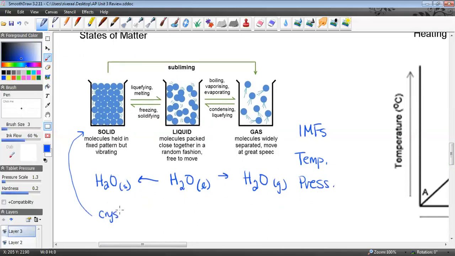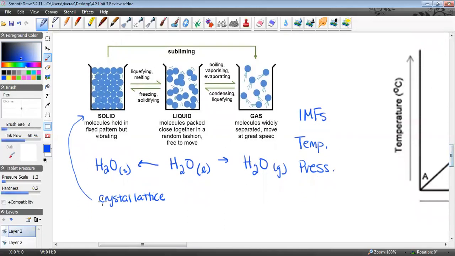Well, because they have a crystal lattice structure, and that is a very strong structure. So at room temperature, your ionic compounds will be solids, and they take a ton of heat to melt them or to boil them. Metals also tend to be solids. So your sea of electrons will also tend to be a solid at room temperature.